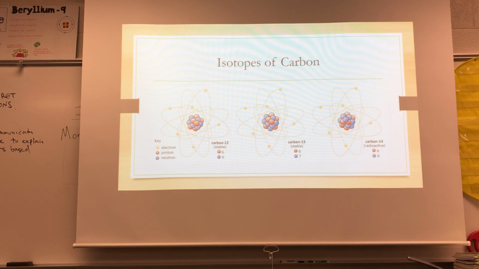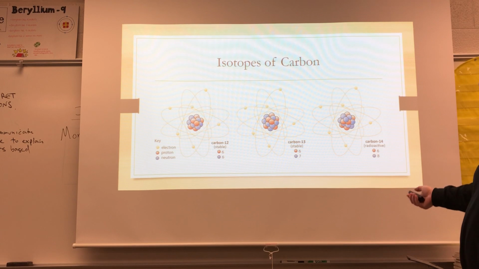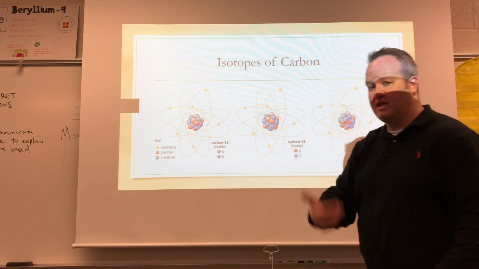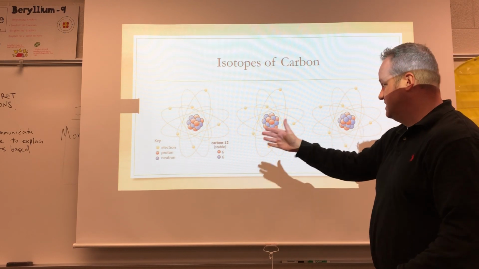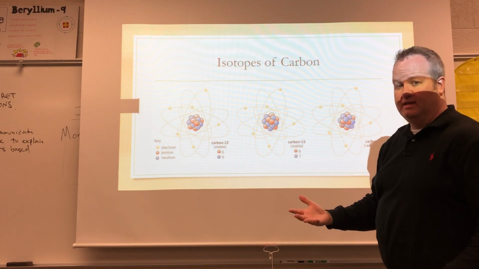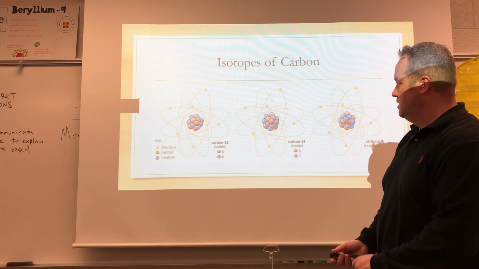Here are some isotopes of carbon. We have carbon-12, carbon-13, carbon-14. Again, when you have a collection of different atoms of the same element with different mass numbers, 12, 13, and 14, what you can say is that they are isotopes of carbon. They're isotopes of each other.